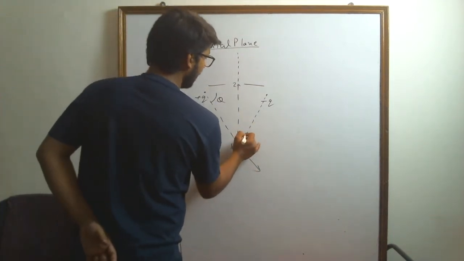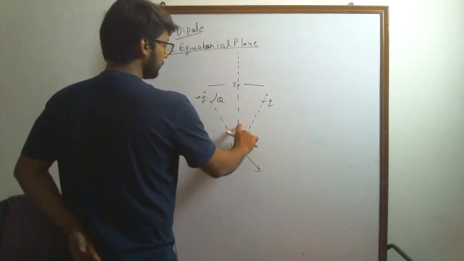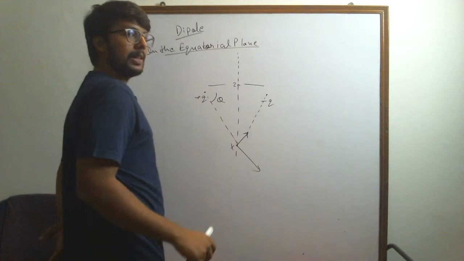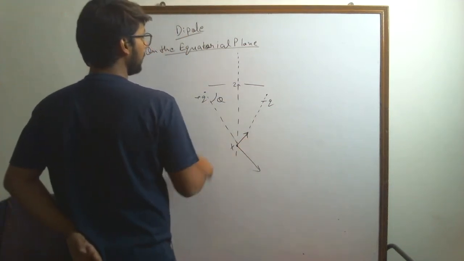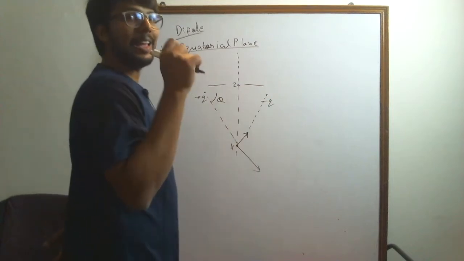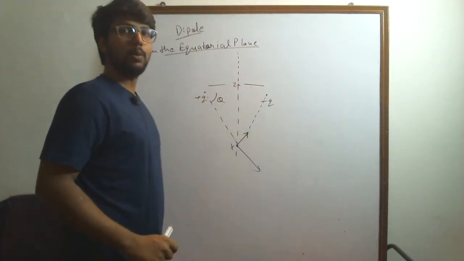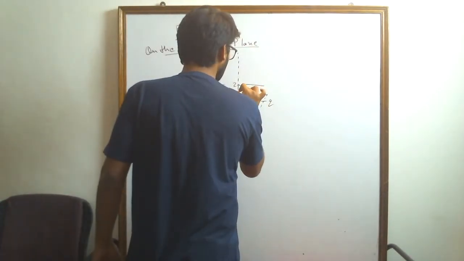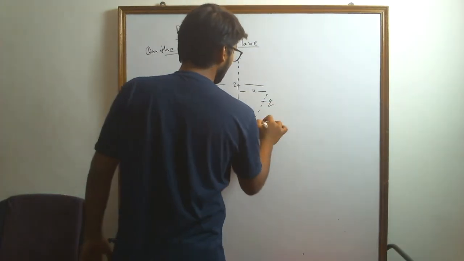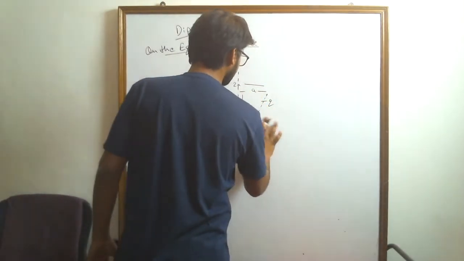Now when I have two vectors like this, what is going to happen? The vertical components will cancel out. Why will they cancel out? Because the distance of this point from both of these charges is the same. This distance is A, this distance is A, and this distance is R, right?